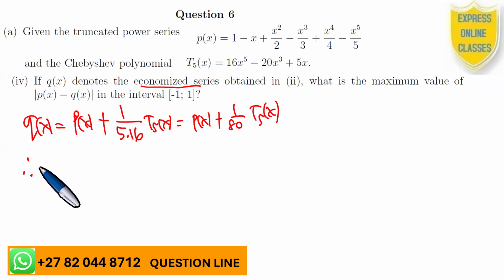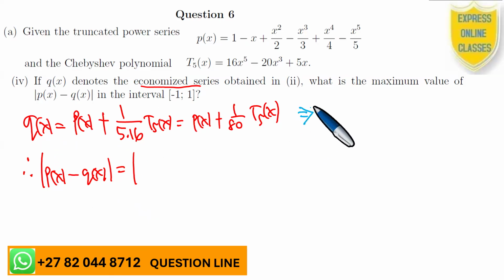Right, so we need to find P minus Q. So we find P of X minus Q of X. What is P of X? And so P minus Q is the same as what, according to this? Okay, so we evaluate this.